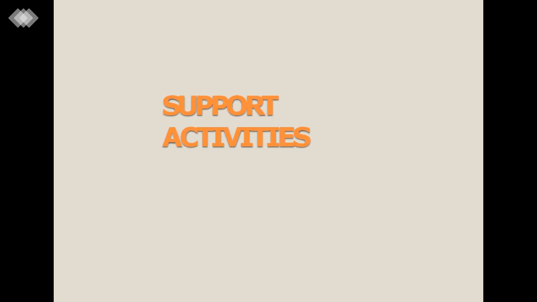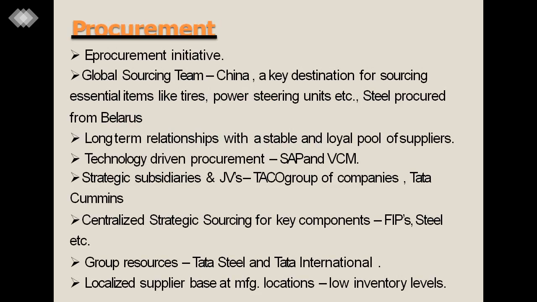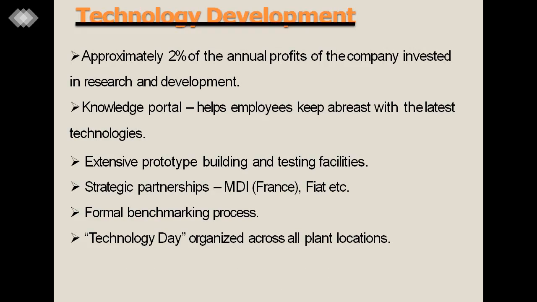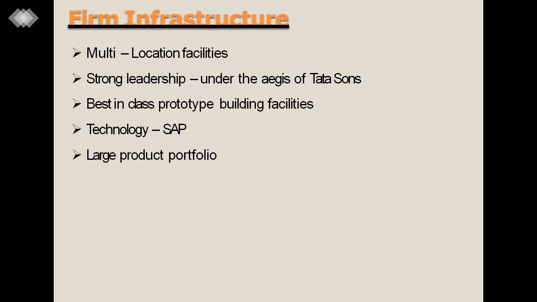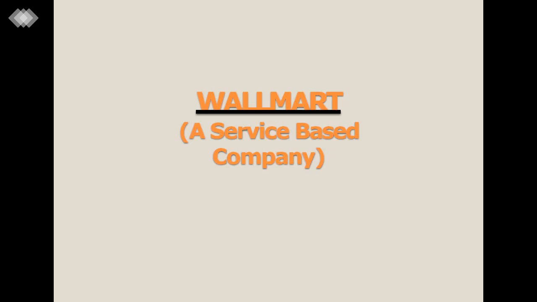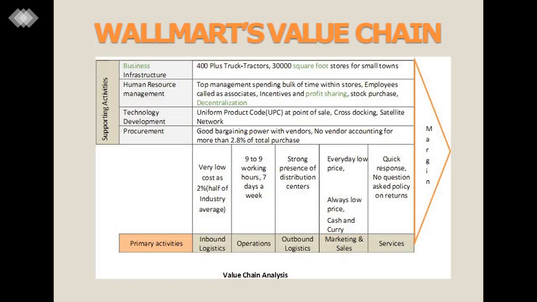After that, we learned supportive activities like procurement, technology development, human resource, firm infrastructure. Then we learned another example, Walmart, which is a service-based company. The Walmart value chain is also helpful in both primary and supportive activities in value chain analysis.